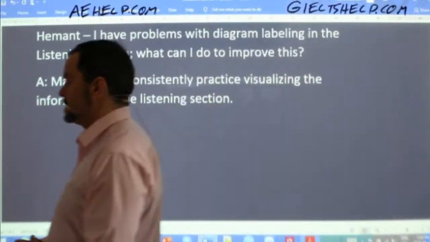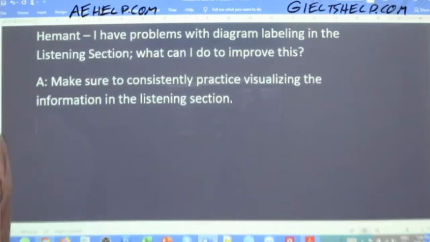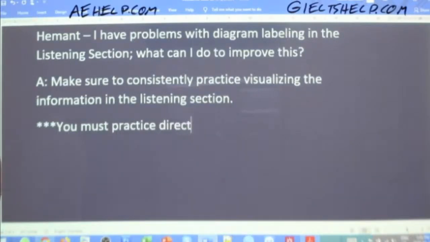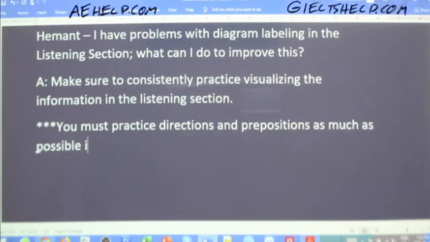Now, of course, the other really important point here is you must practice directions and prepositions as much as possible in English. Okay.